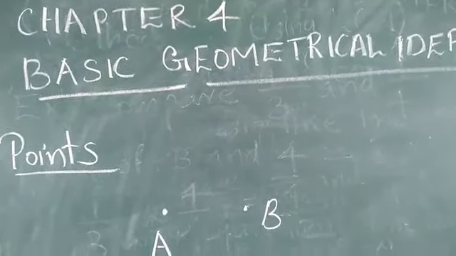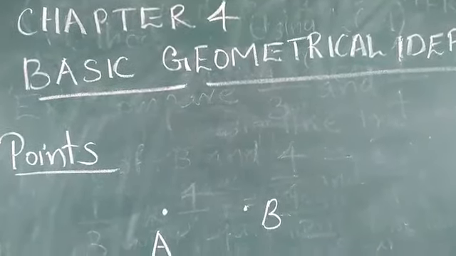Next concept is line. How will we get a line? If we extend a line segment AB in both directions, to left and right, we will get a line. That means this line has no endpoint.